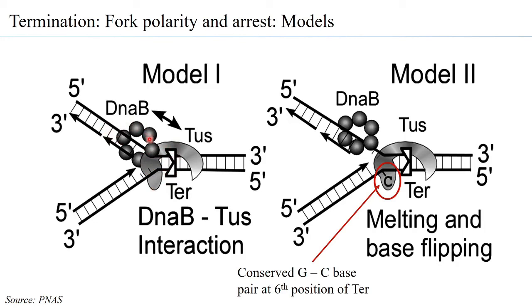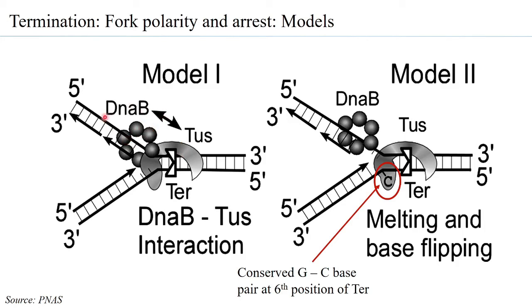So what happens is the DnaB comes and binds to the TUS, and when the DnaB binds to the TUS, the TUS is able to stop the helicase activity of DnaB. So understandably, TUS is acting as a counter helicase. The DnaB, which has been carrying out helicase all through, on interacting with TUS, loses its helicase activity.